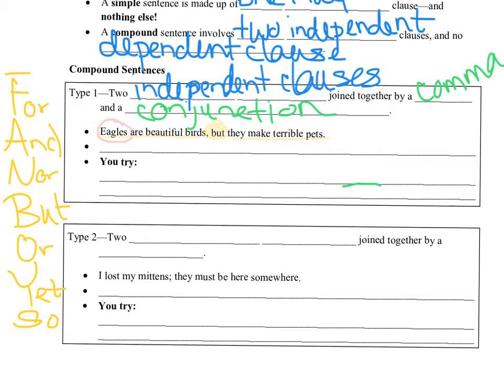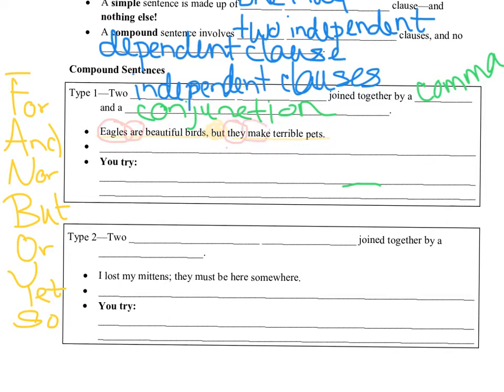I have a predicate, which is are. And I have a complete thought, beautiful birds. So everything before my conjunction is a complete thought. Well, let's take everything after my conjunction. Do I have a subject? Yes, I do. They. Do I have a verb?